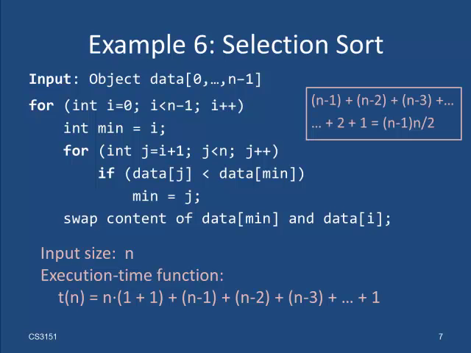Let's simplify that expression a little bit. If you add the numbers n-1, n-2, n-3 all the way down to 1, that is equal to (n-1) times n over 2. If we plug that in, then we get t of n is equal to a half n squared plus 3 half n.